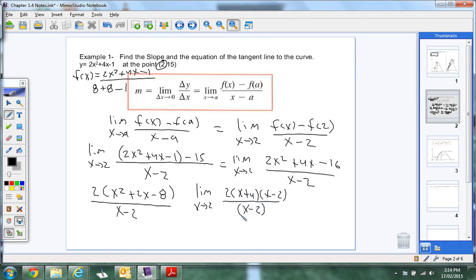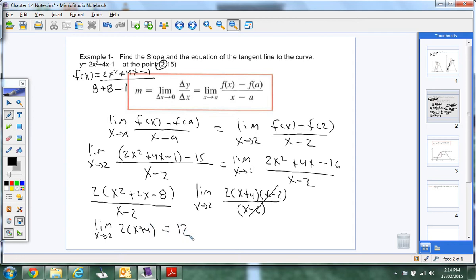And we're happy about that because it cancels the x minus 2. So, limit as x goes to 2 of 2 times x plus 4 can be done now. And what would that be? 12.